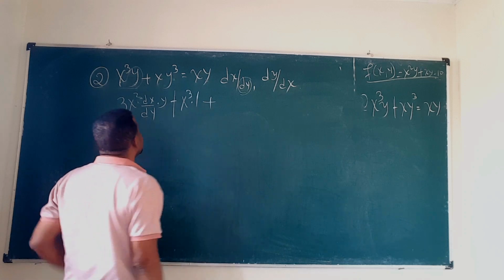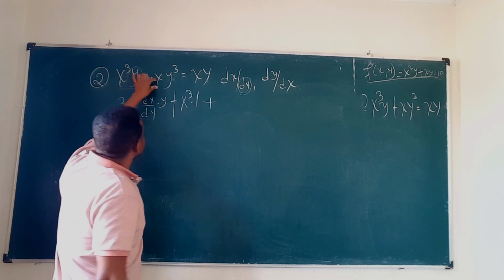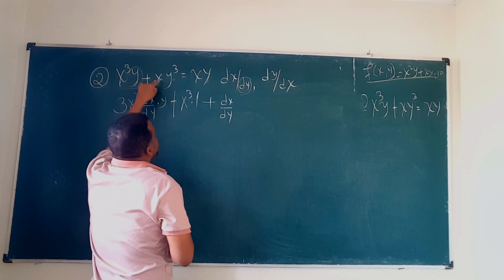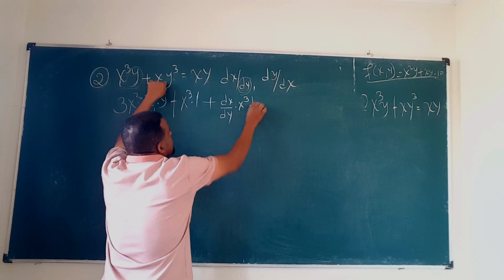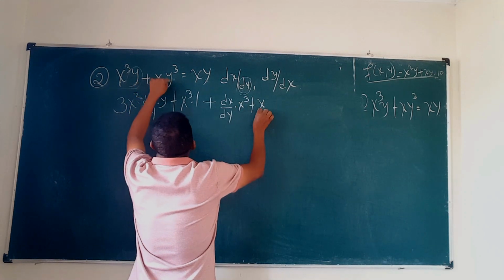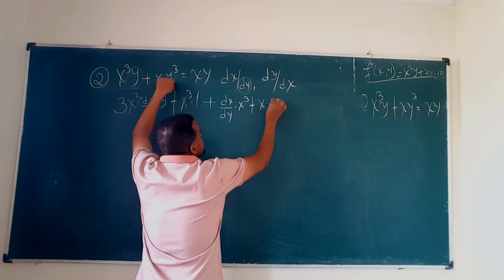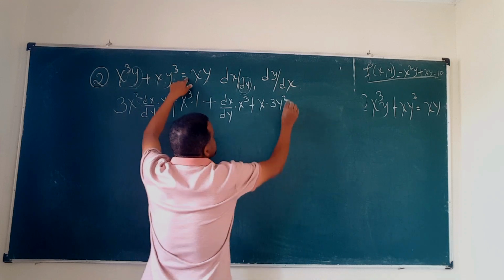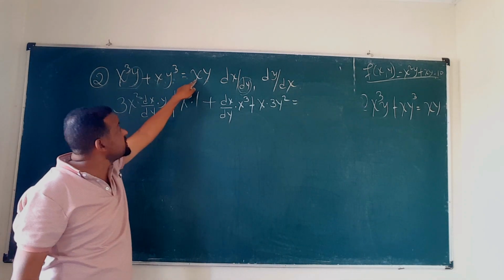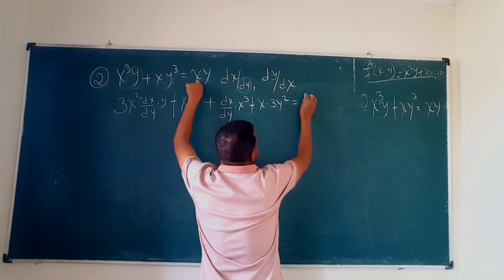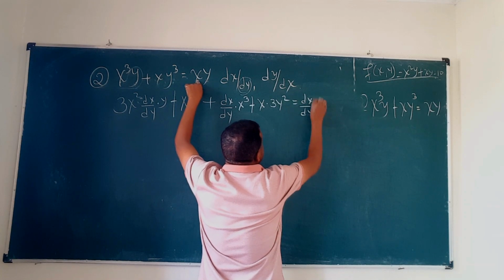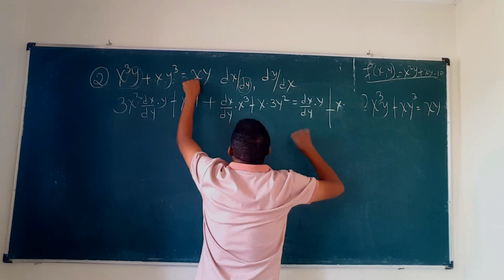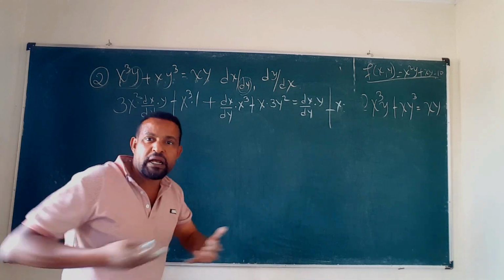That is done. For the next one, product rule: the derivative of x is 1 but the derivative is taken with respect to y, times x cubed, plus x stays and the derivative of y cubed is 3y squared, so no need of writing dy with dy. For the next one, product rule: the derivative of x is 1, taken with respect to y, times y, plus x stays, then the derivative of y is 1. So you just collect like terms.